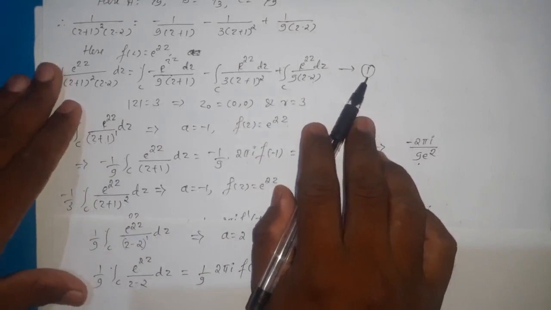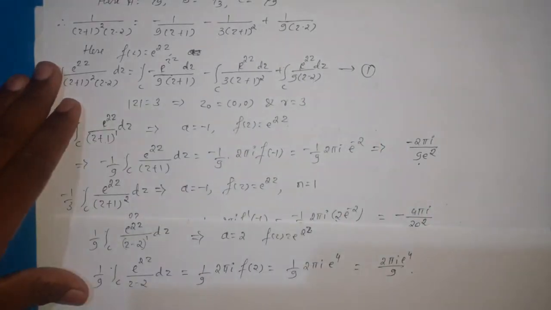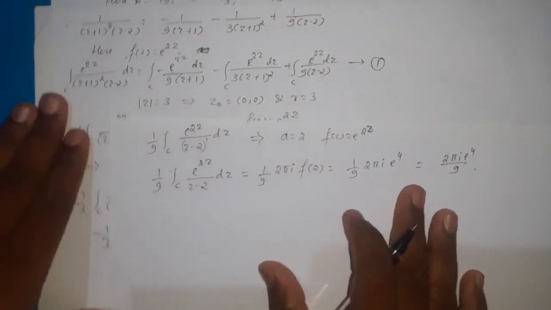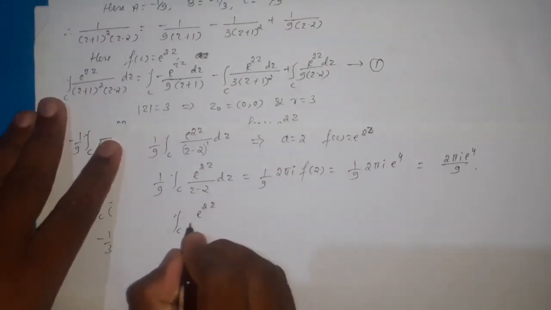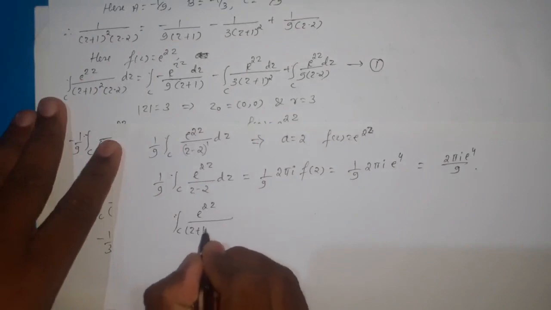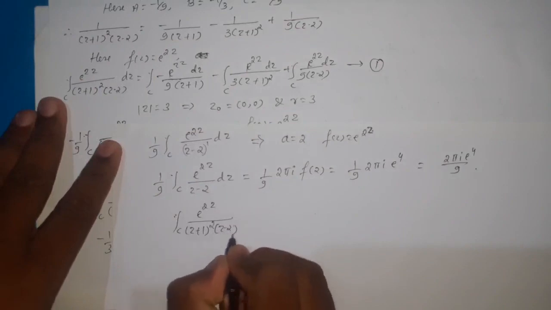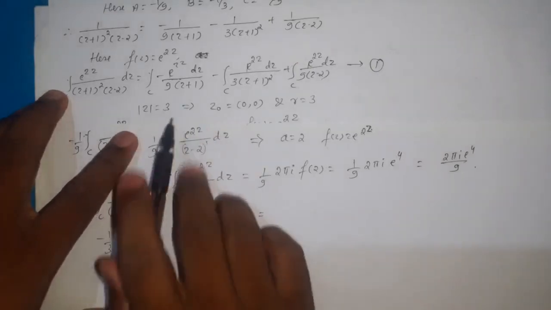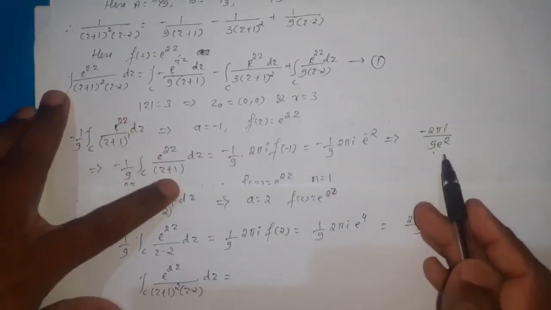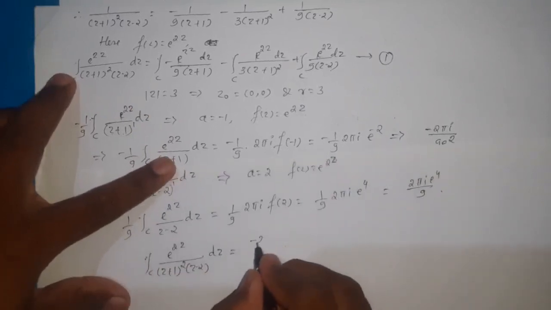Now go on substituting the values of each integral. Integration over C e power 2z divided by (z plus 1) whole square into (z minus 2) dz is equal to the value of the first integral, that is minus 2 pi i divided by 9 e square.